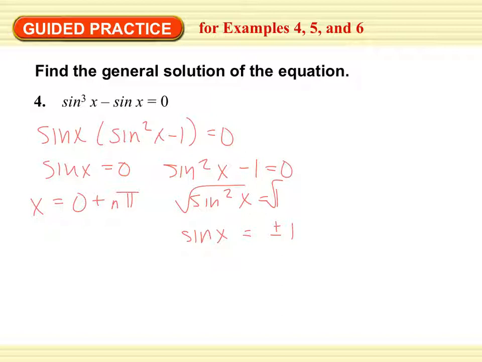That's going to work at 90 and negative 90, so that would be pi over 2 plus n pi. We don't actually have to worry about that one because the pi over 2 plus n pi covers everything. So those would be my solutions.